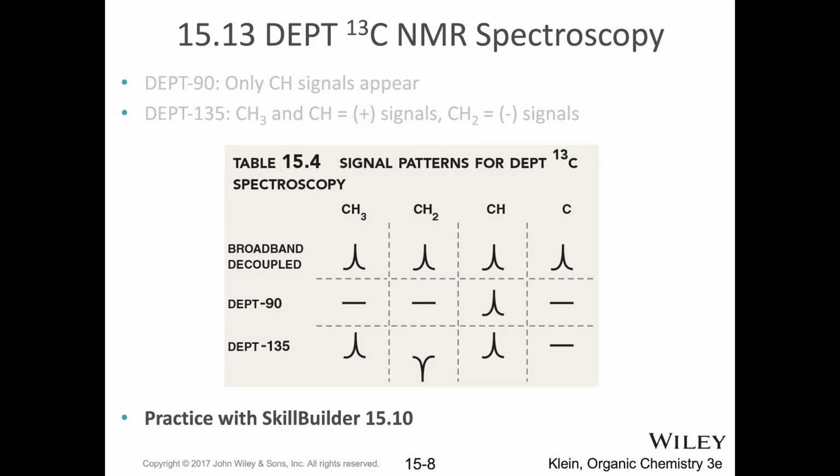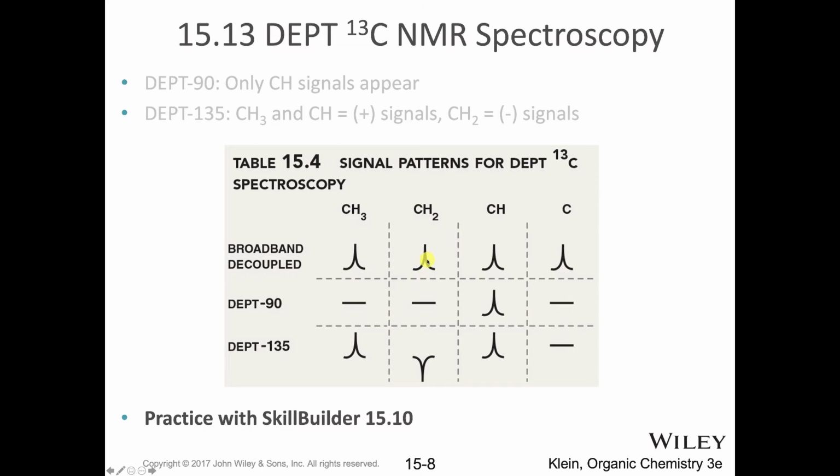So you throw it into the NMR machine and set up 2 experiments, one that's a DEPT-90 and one that's a DEPT-135. And it gives you enough information to completely identify everything. Because any peak that is found in the broadband decoupled and positive in the 135 DEPT but not in the 90, that will always be a CH3.